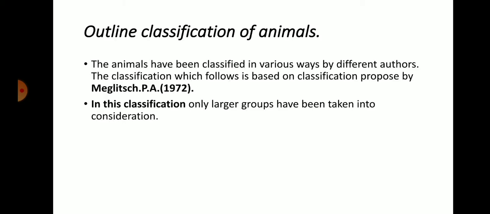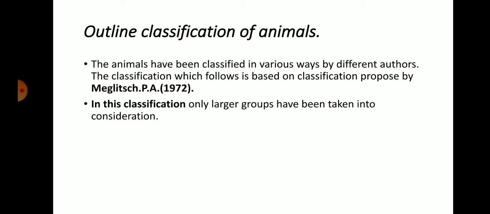Now, the classification of animals has been given by various authors. In the fundamentals of systematics lectures, we study all types of classification: two kingdom classification, three kingdom classification, four kingdom classification, five kingdom classification, and different types of classification. The classification we follow is based on the classification proposed by Hickman and Parker in 1972.